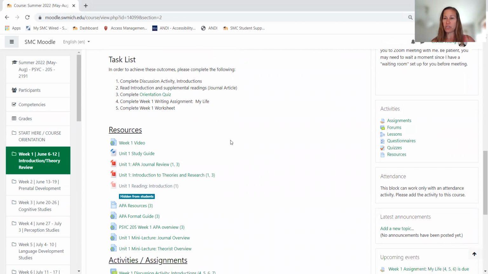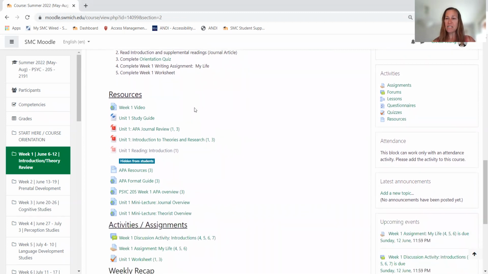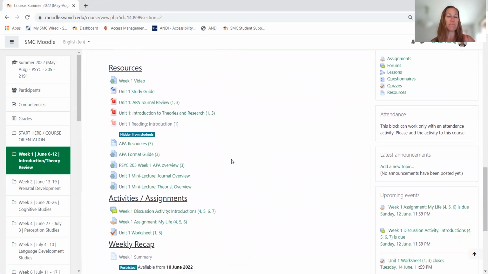So let's look at the resources for this week. This video that I'm creating now will be located here. There is a study guide that will be attached here that will walk you through what you need to focus on from the reading. Here are 2 different PowerPoint resources that will walk you through the review of how an APA journal is set up, as well as an intro to the theories and research that are covered in this textbook.